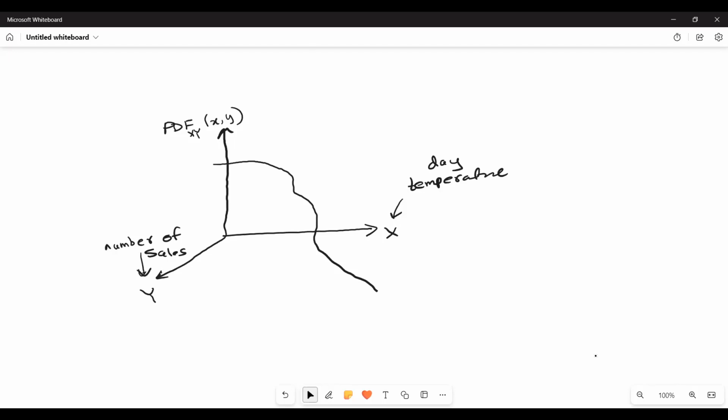Once he does that, then using maybe machine learning or something, we can say that for a certain temperature and for a certain number of sales, this is the probability of getting some item sold. So actually, we have to consider a certain probability of some event occurring, probability of maybe objects getting sold.